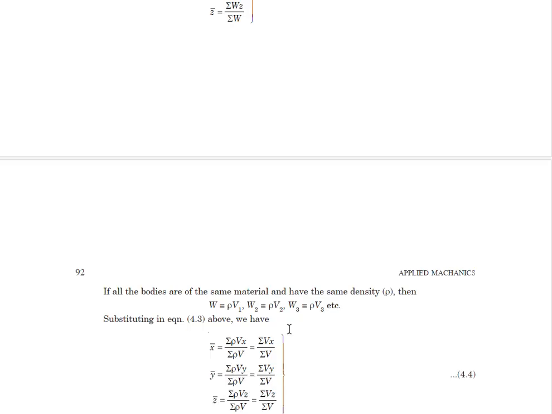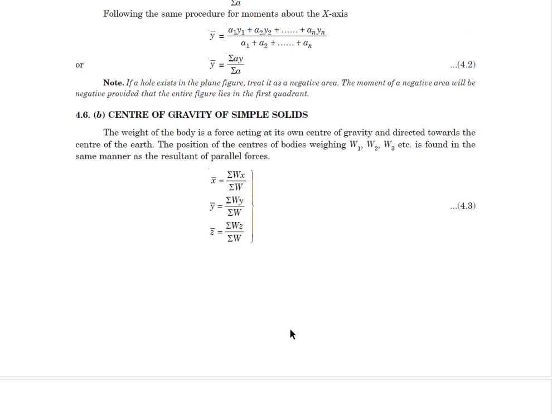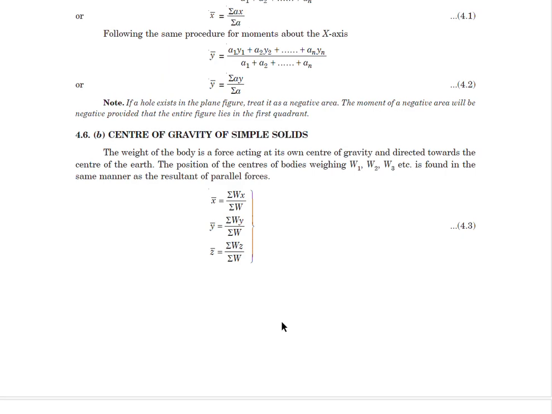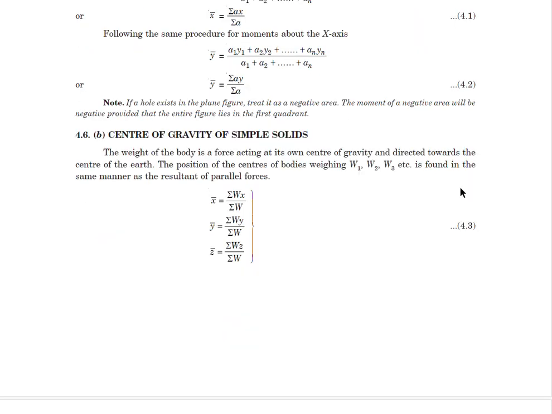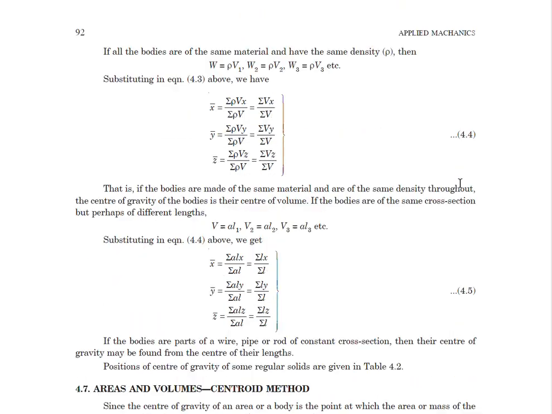The same procedure that we followed for the identification of centroids for areas, in equations 4.1 and 4.2, similarly we can find the centroid of solid bodies, whether they are comprising volume, or also having weight. That means we are considering the weight per unit volume.